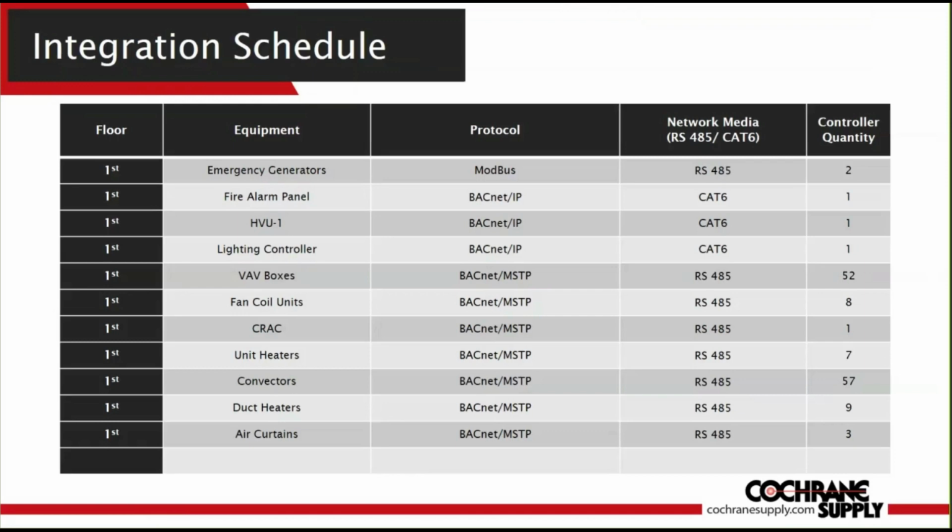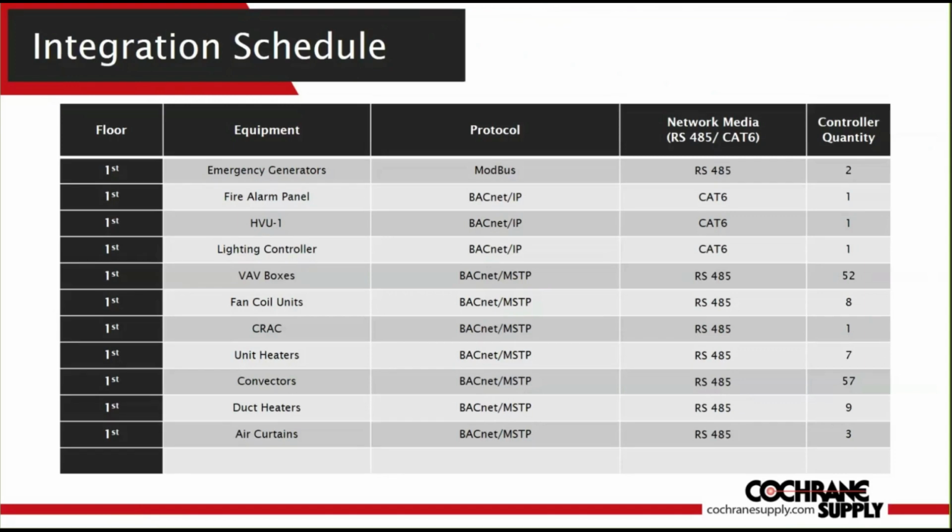So if you look at the first floor, because we're only going to look at the first floor for this example, and you'll see all this technology when you see the overall drawing. We're only going to look at the first floor for now. So if you look at the first floor, there's the emergency generators, which is my bus, and we're going to look at the fire alarm panel, BACnet IP. So we've got Cat6. There's one H&V unit. That particular unit has an IP controller, so there's going to be Cat6 there.